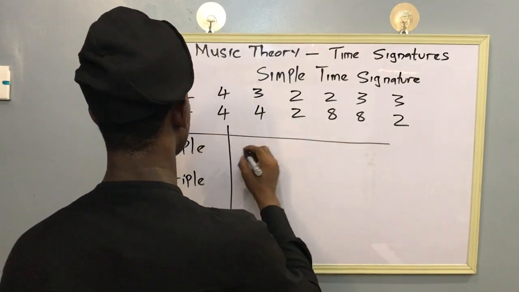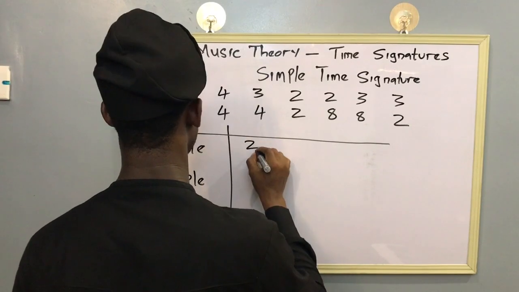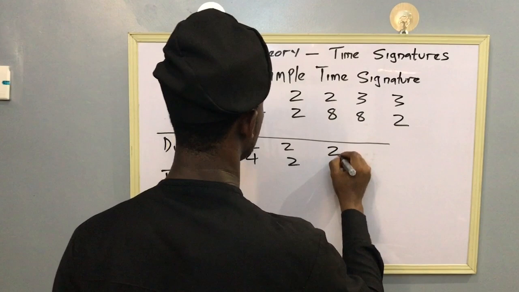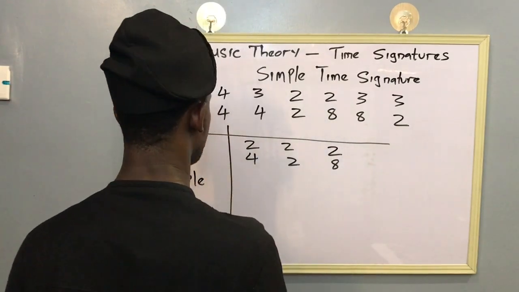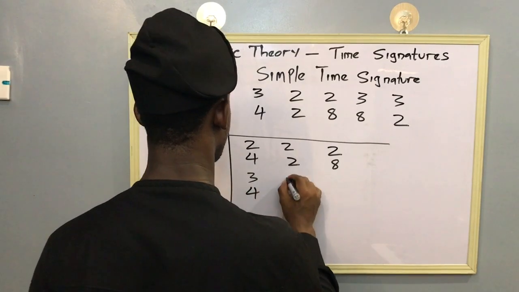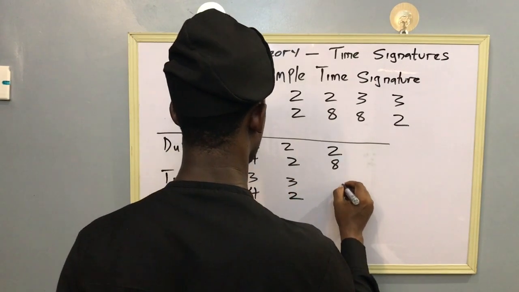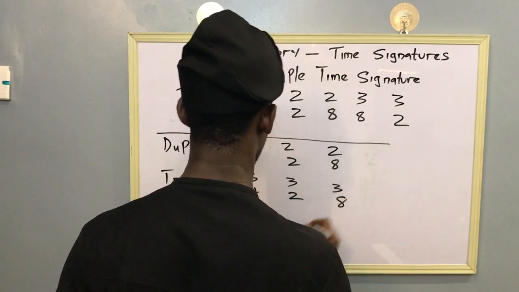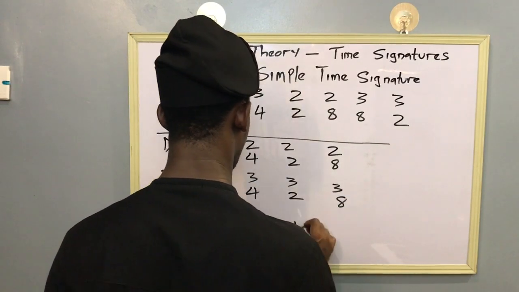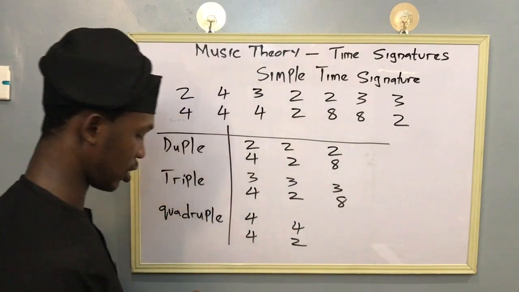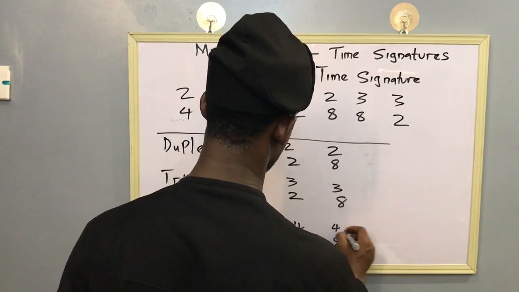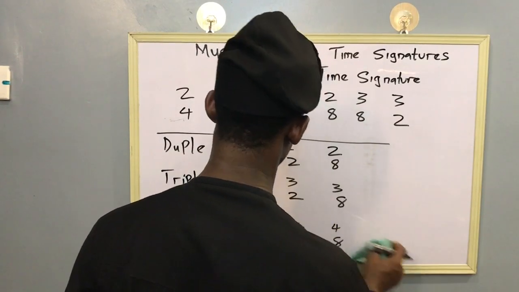Under duple we have 2 4, 2 2, and 2 8. Under triple we have 3 4, 3 2, and 3 8. Under quadruple we have 4 4 and 4 2. If we write 4 8, it will just give us 1/2, which is not actually a time signature.